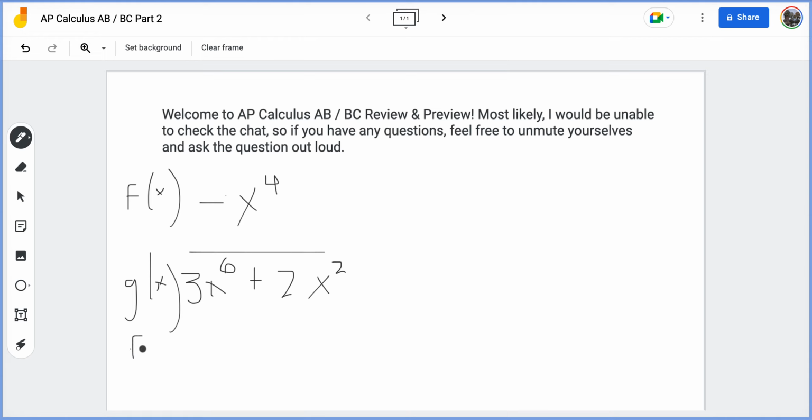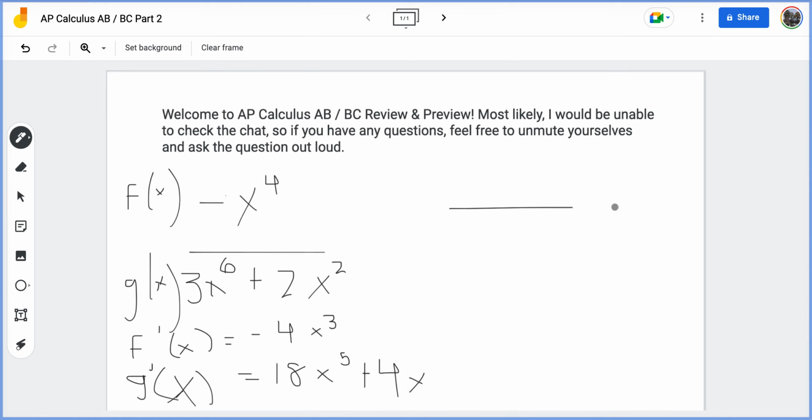So f prime of x we can calculate: you bring down the 4, you get negative 4, and then x, you take 1 away from the exponent, so you get negative 4x cubed. For g prime of x, we use the sum rule, so we take each of them separately. You take down the 6, you get 18, x to the power of 5, plus, you take down the 2, you get 4, x to the power of 1.